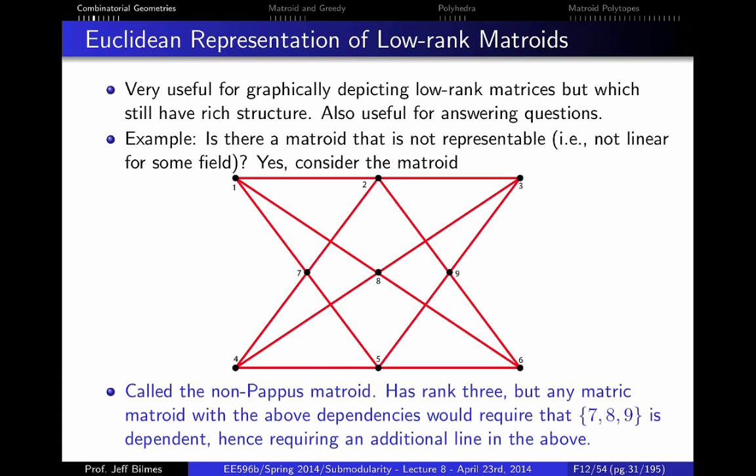The only way that 2 points would be dependent would be if they're on top of each other with a multiplicity. That's how we depict that. So all single points are independent, all pairs of points are independent in this matroid. And all 3 points are dependent if they correspond to one of these red lines. Right?